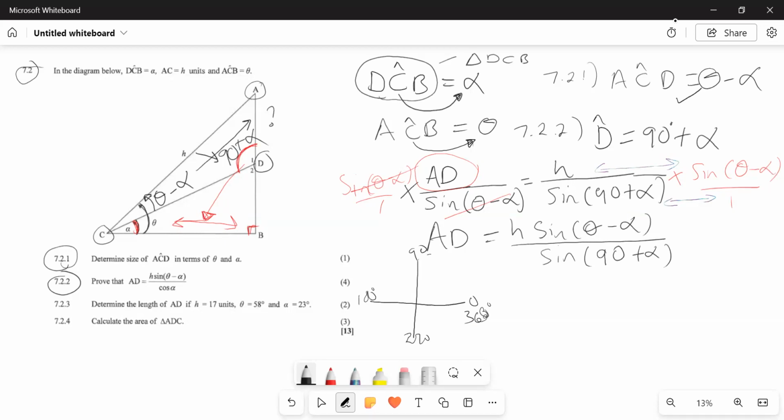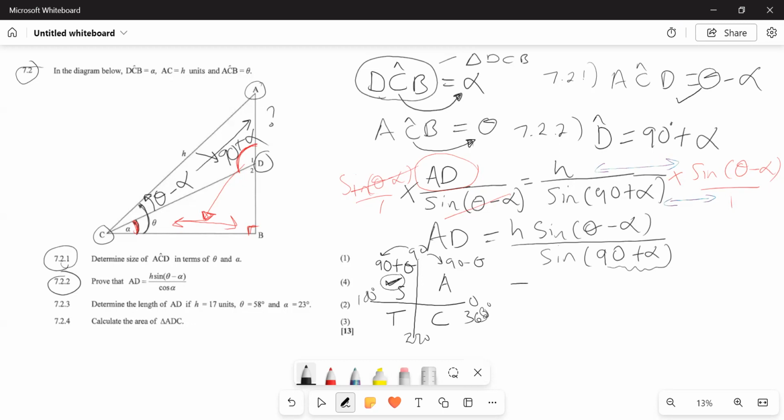When we go back from 90, we get 90 minus theta. When we go forth, we get 90 plus theta. So 90 plus theta or alpha, we get that angle in the second quadrant. According to the CAST diagram, All Students Take Coffee, right? So sine is positive in quadrant 2.